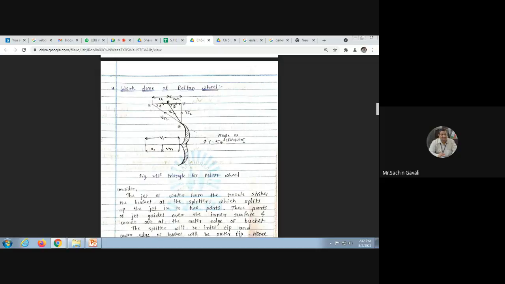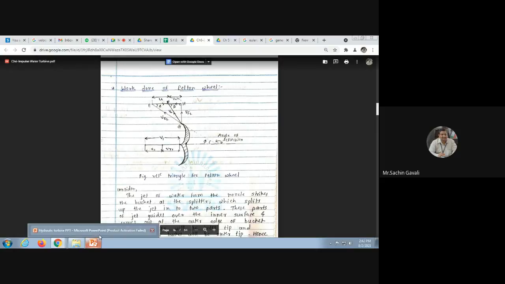As V1 is tangential, there will be no vertical component. Vf1 is equal to 0. Whatever V1 is there, we call it VW1. Therefore, the inlet velocity triangle of Pelton turbine will look like a line.